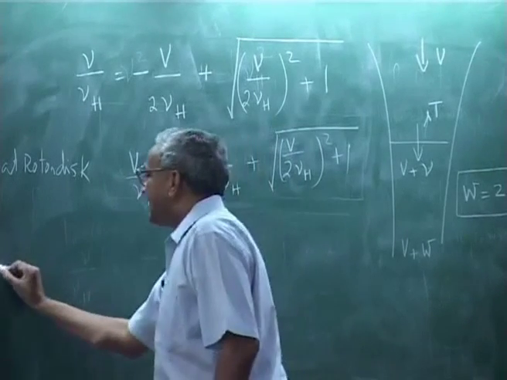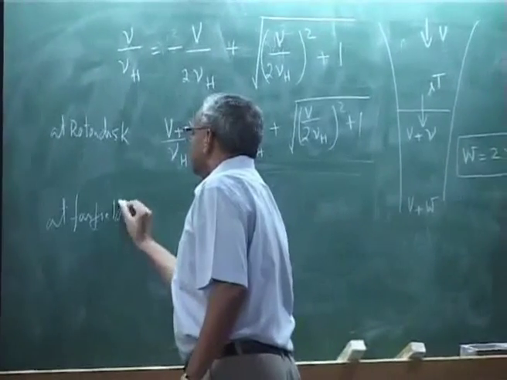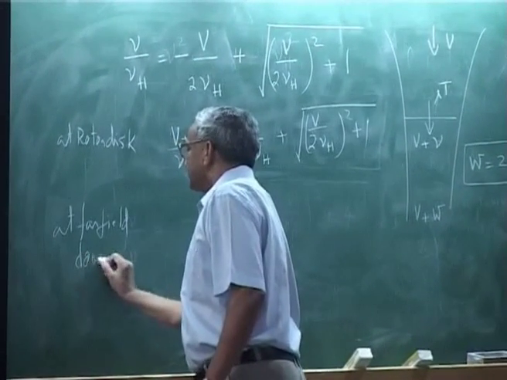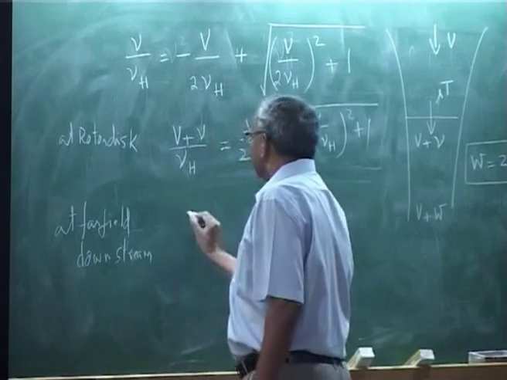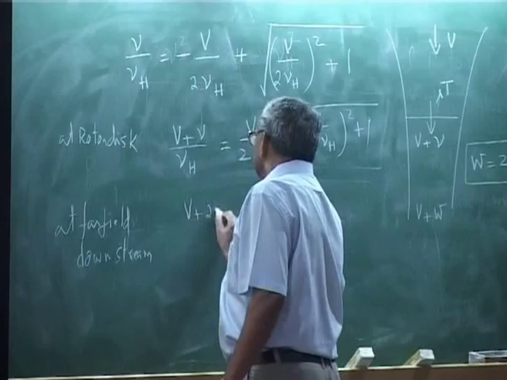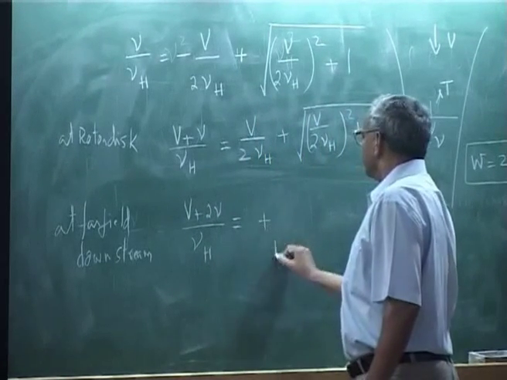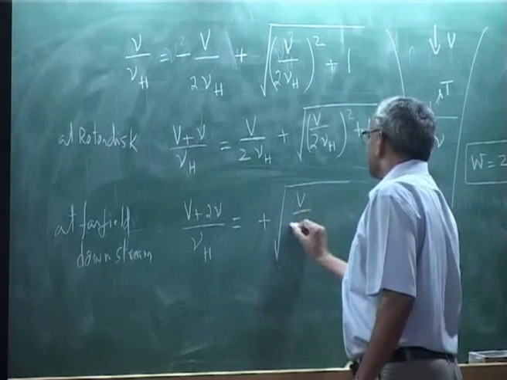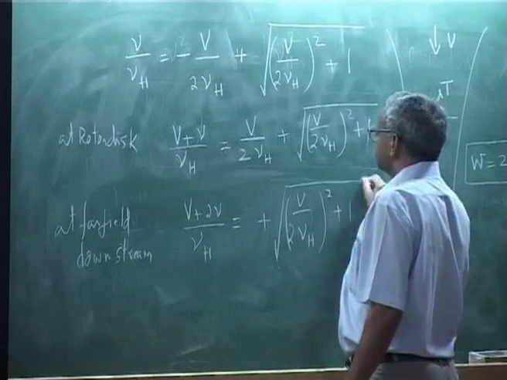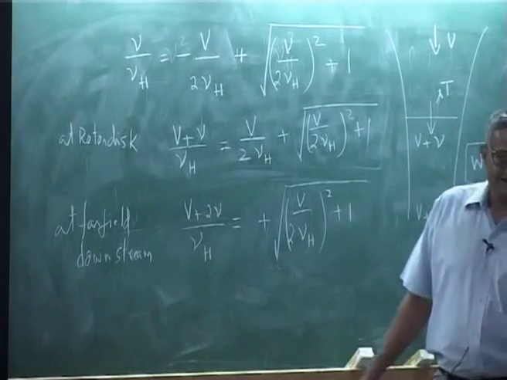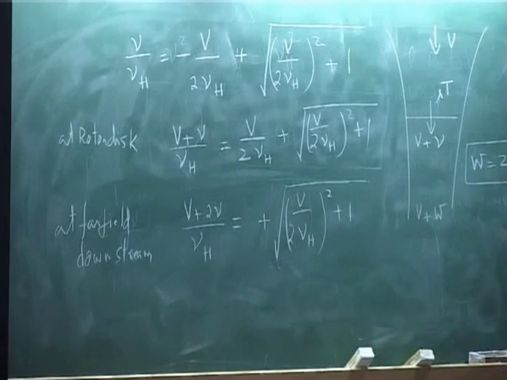So, what will happen is at far field downstream, you will have V plus 2, whole square plus 1, that is all. So, these are the 3 expressions for climb case.